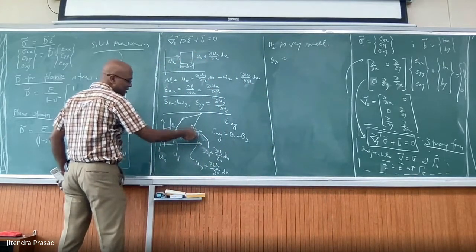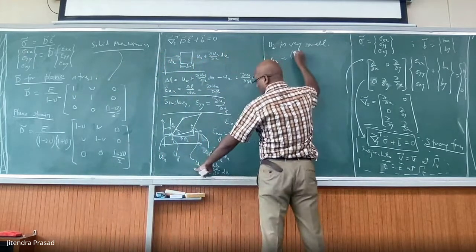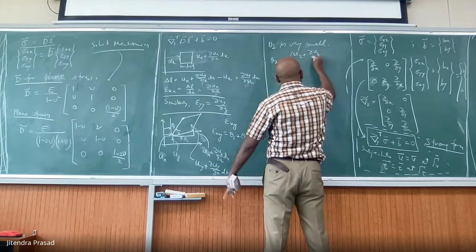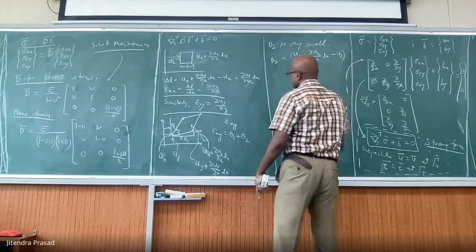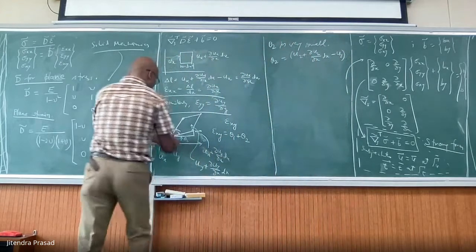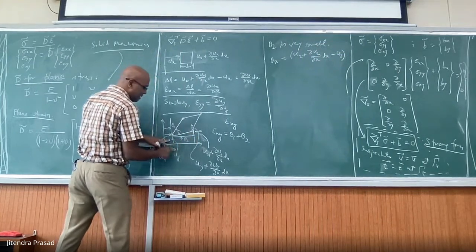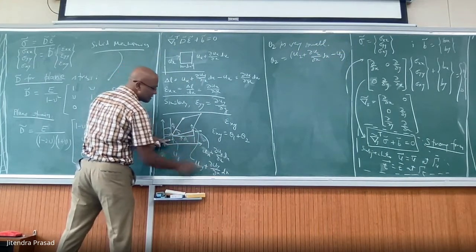This height will be uy plus del uy over del x dx minus uy.